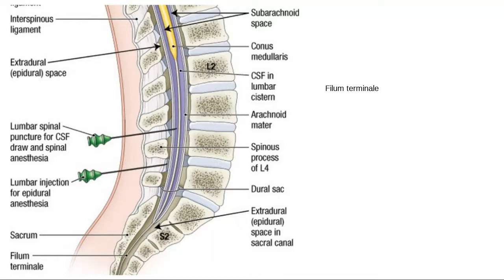The filum terminale, if you recall, is the connective tissue that goes from the end of the spinal cord down to the end of the vertebral column to hold it in place. What else would I see right here after the end of the spinal cord, after the conus medullaris? What else would be down here?